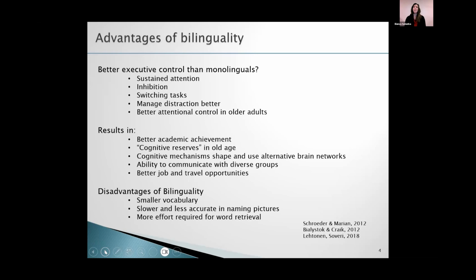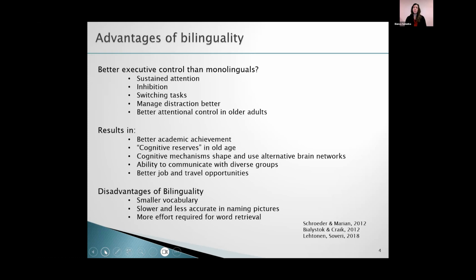And bilinguals may actually fare better in older adulthood, so that bilingualism may give some type of cognitive reserve. We think that being bilingual shapes our brain networks. It gives people the ability to communicate with multiple groups, and bilinguals oftentimes have better job and travel opportunities.